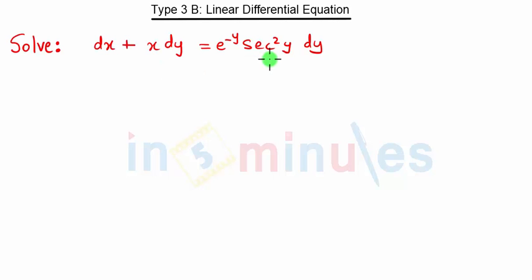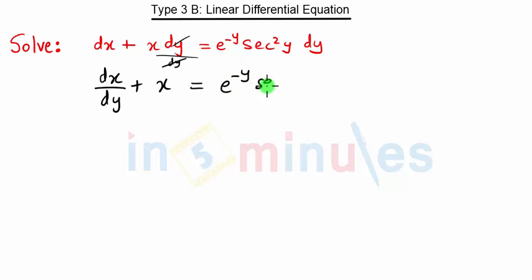So the question is this: if we rearrange this term, like if I divide this equation throughout by dy, I will get dx upon dy plus x. This dy upon dy will get cancelled, so this will remain x equal to e raised to minus y sec square y into dy will get cancelled.